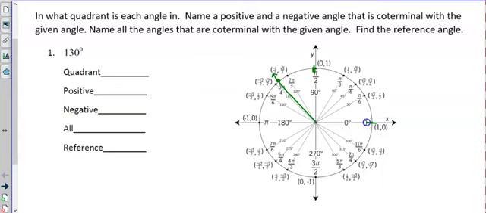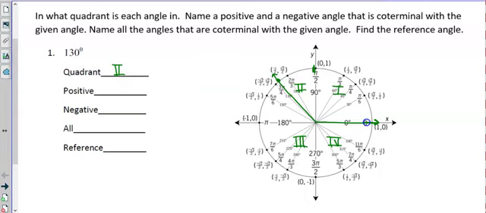Just to give you some vocabulary, this side over here is called our initial side. So you can see we have an obtuse angle. It's about 130 degrees. Okay. So what quadrant did we land in? This is the first quadrant, second quadrant, third quadrant, and fourth quadrant, so we landed in quadrant 2.